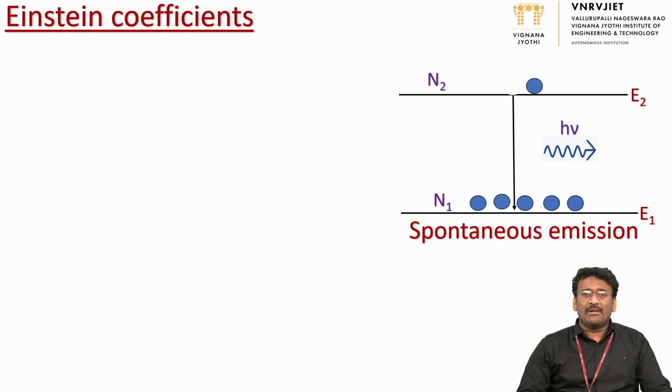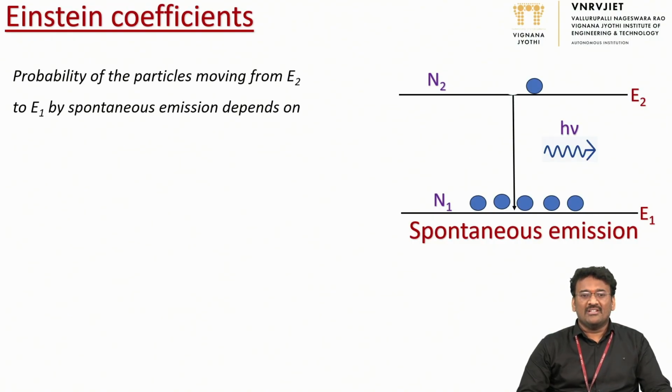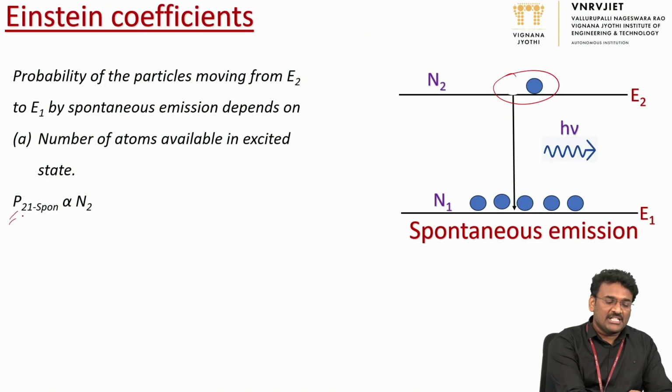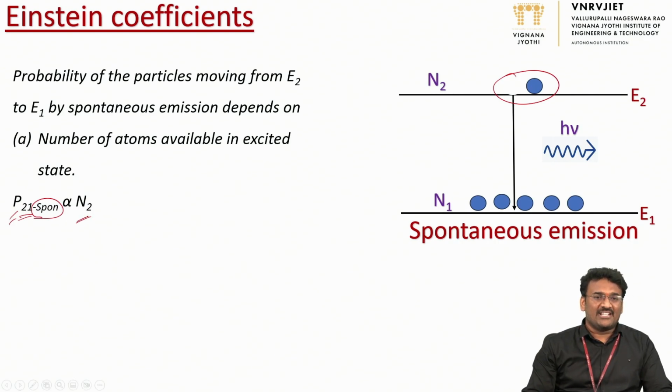Now mathematically we will represent it in the form of equations. The probability of particles moving from E2 to E1 depends on only one factor, that is the number of particles available in the excited state. So P21, the probability of particles moving from state 2 to state 1 by spontaneous emission, is proportional to N2, the number of particles in the excited state.